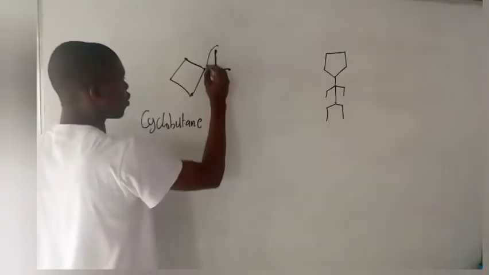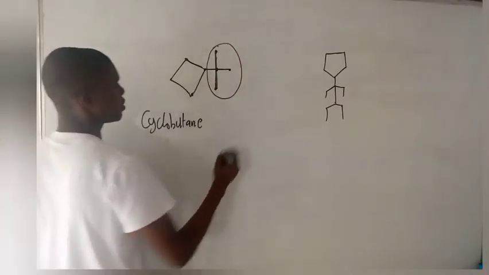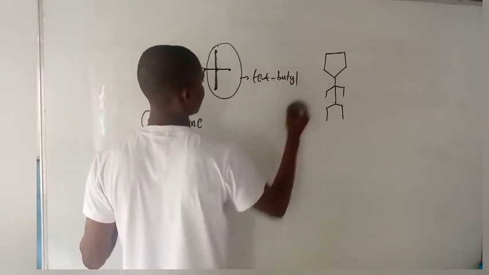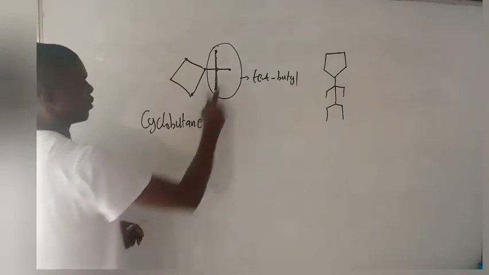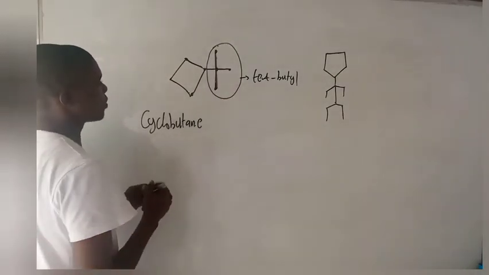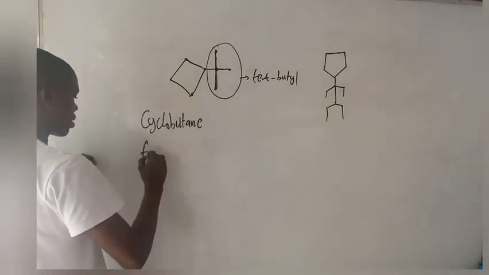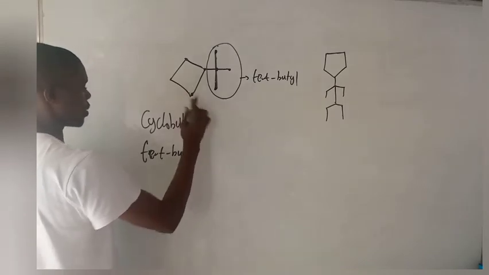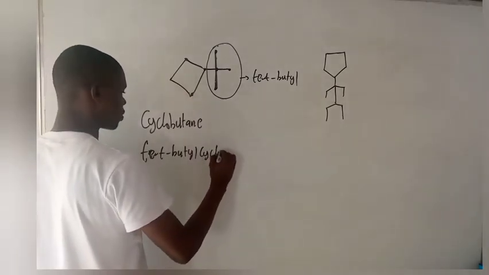Now the whole of this part becomes the substituent, tert-butyl, tertiary butyl. So the name is now going to be tert-butylcyclobutane.